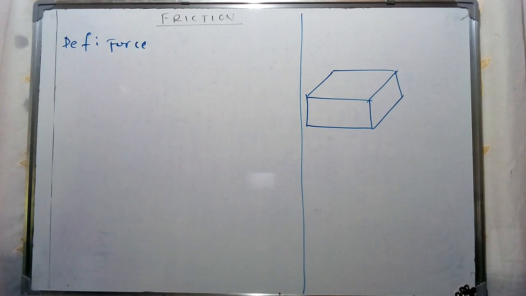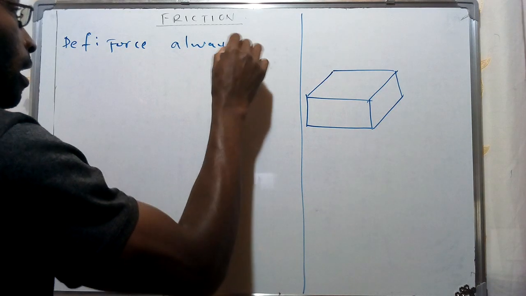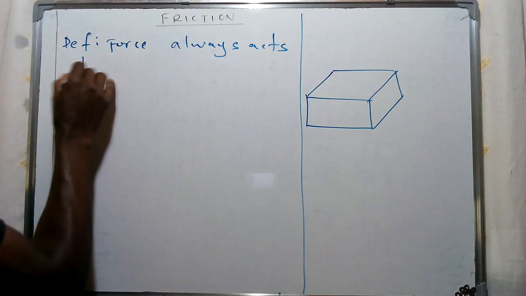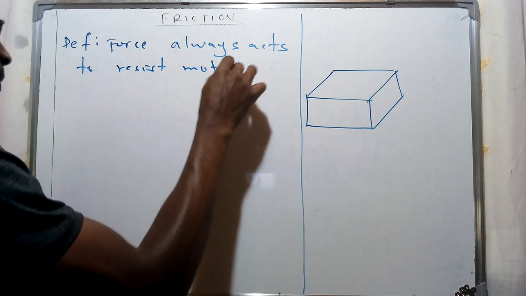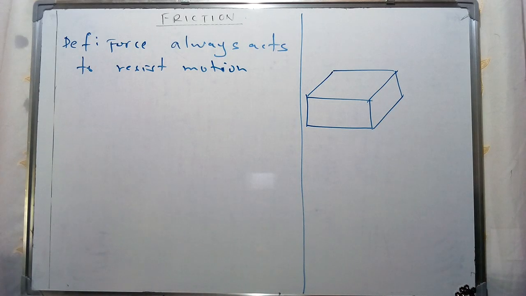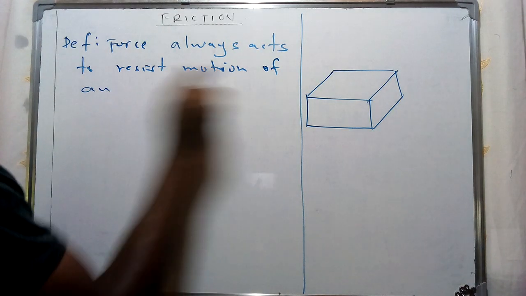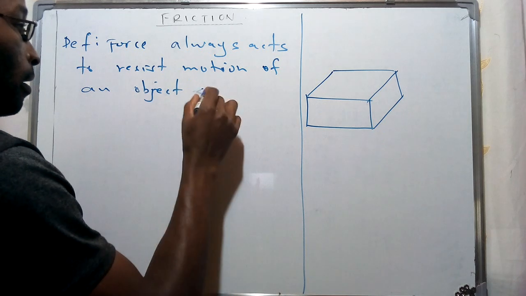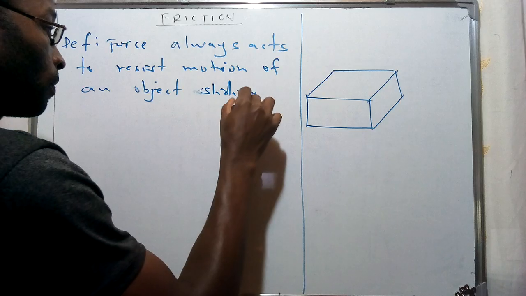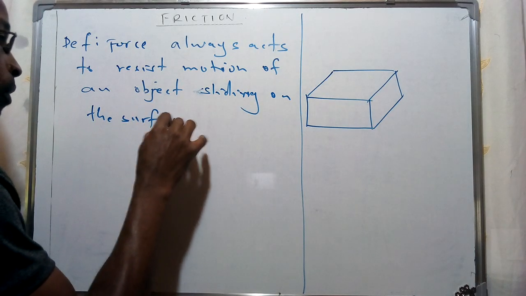So as we have defined it, friction is a force that always acts to resist motion of an object that is sliding on the surface of another.